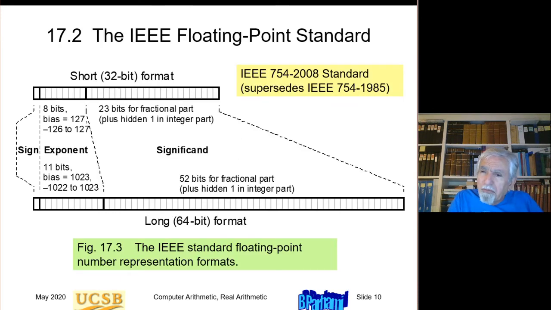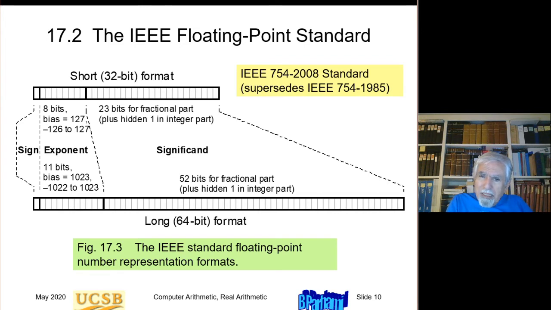So the IEEE floating point standard, the binary part of it, it also has a decimal part, has two main formats. These are basically the workhorses, what is used most often. The 32-bit or short format and the 64-bit or long format. Both formats have a sign bit at the left end.